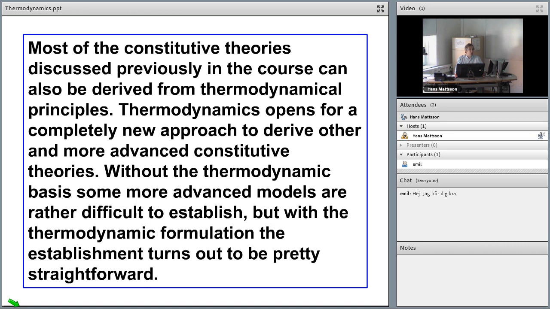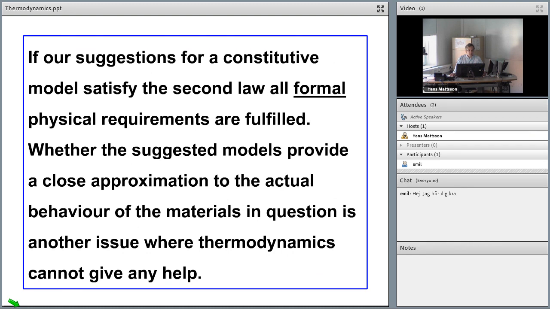And of course, the good thing here is that we will satisfy the first and the second law of thermodynamics if we derive constitutive models from the thermodynamics principles. If our suggestions for a constitutive model satisfy the second law, all formal physical requirements are fulfilled.